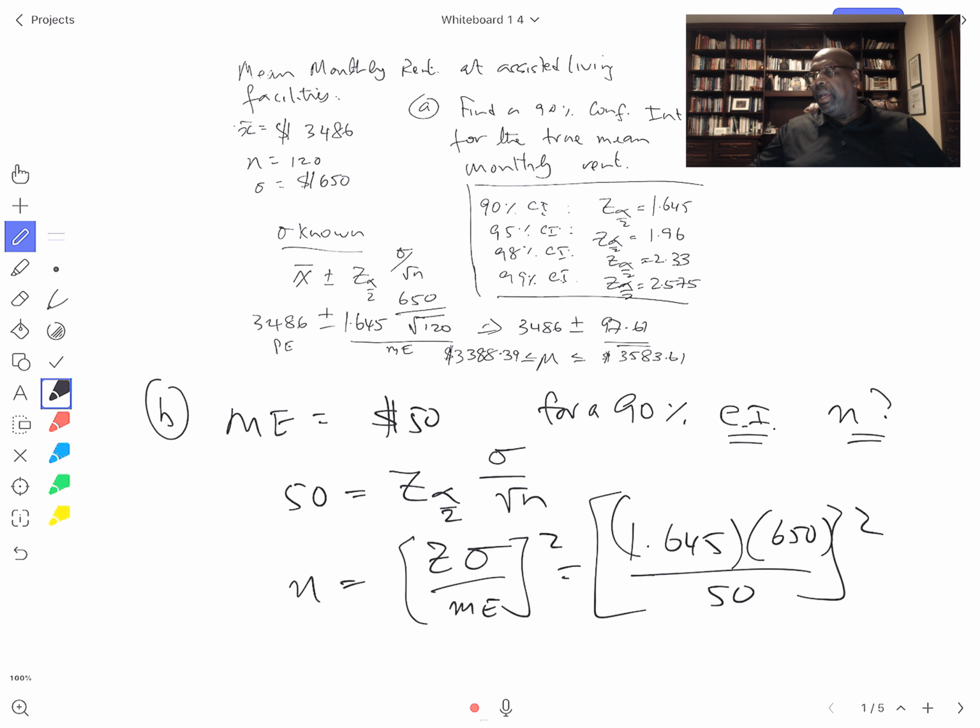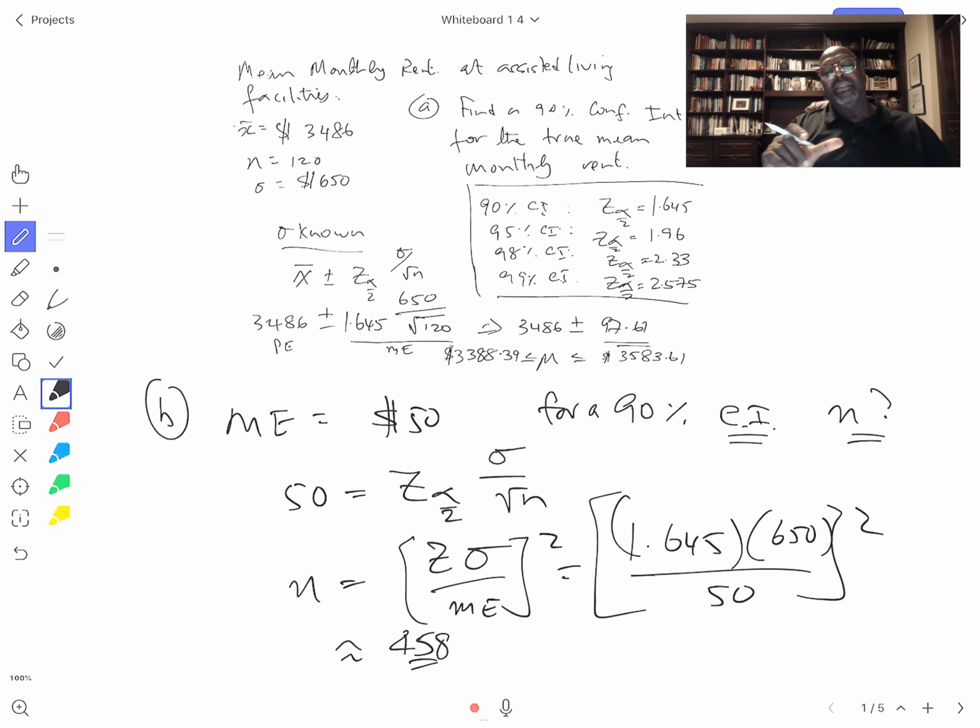So if we compute that, we will get, with our handy dandy little calculator, 1.645 times 650 divided by 50, and when we square that, we have 457.3, and we always round up to 458, so approximately.